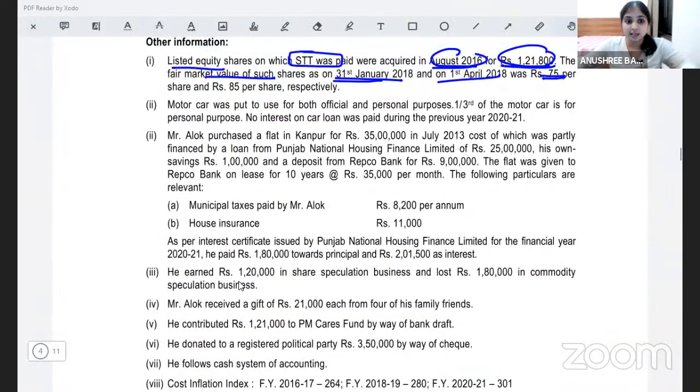Now, second adjustment. Motor car was put to use for both official and personal purposes. 1/3 of the motor car is for personal purpose. Let's discuss till here. What did we do?